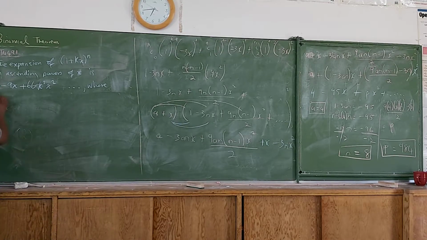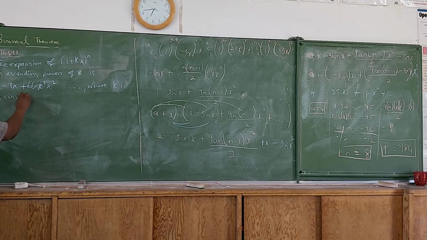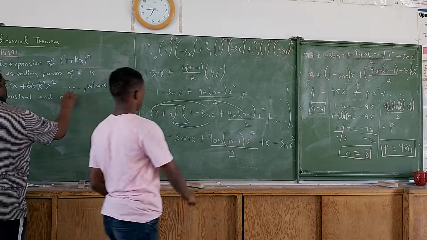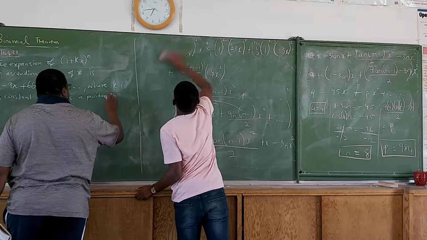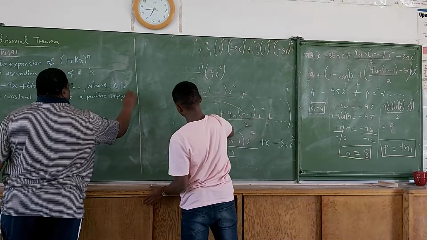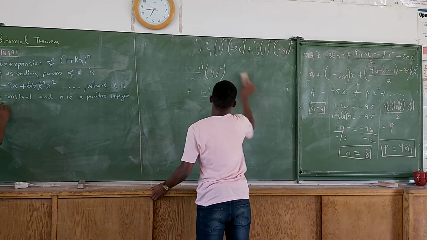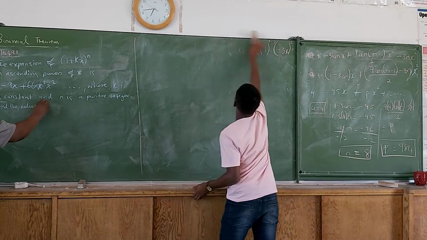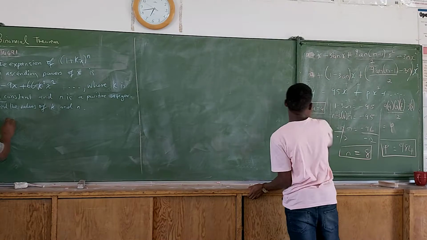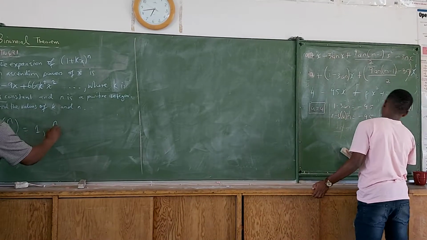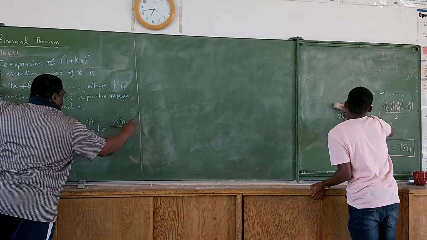Everything there is totally different. Right, so maybe just come back to what I know. nC1, nC2 is equal to n times n minus 1 upon 2.